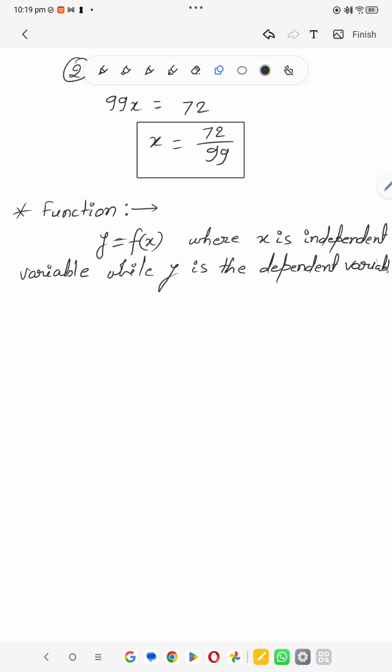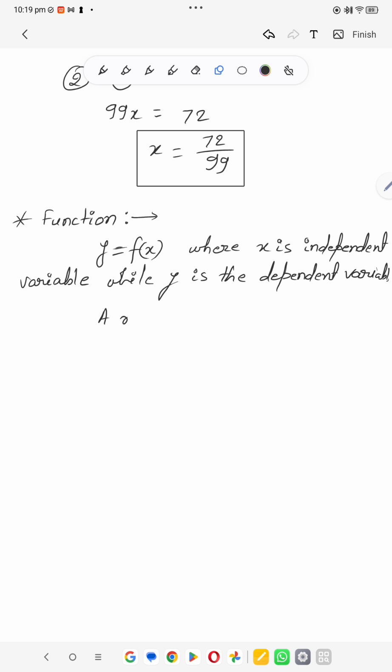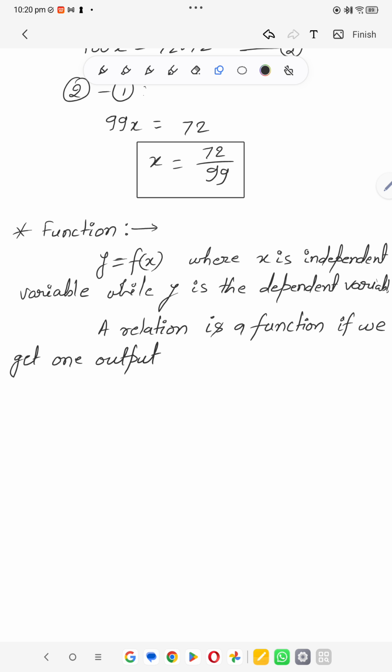Then a function is defined as a relation is a function if we get one output for a single input.